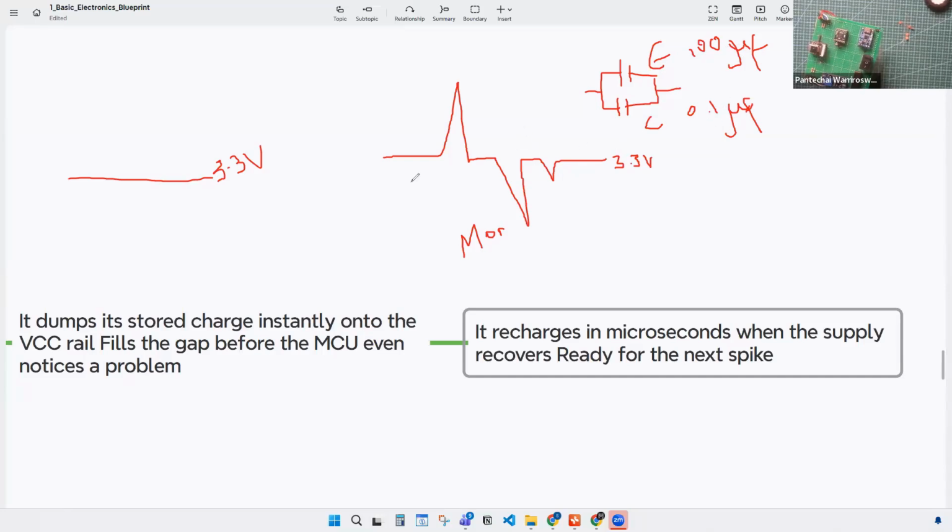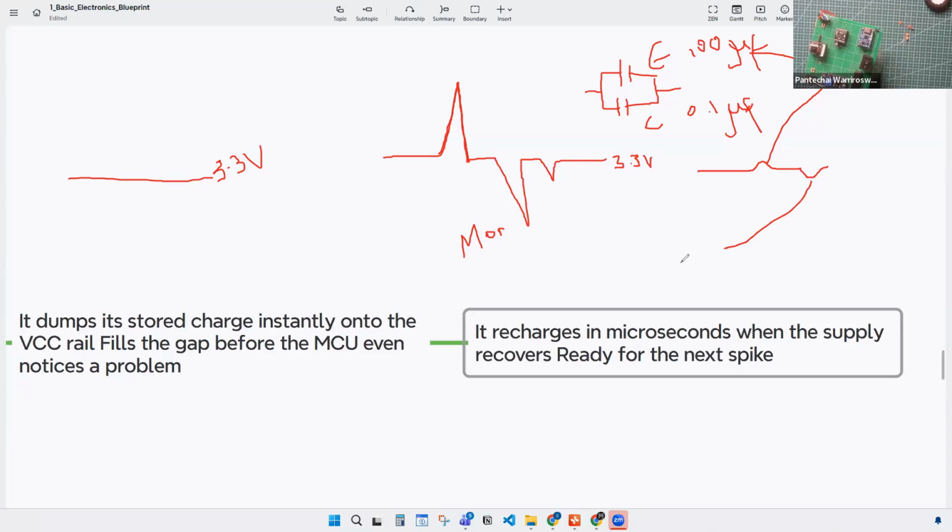So what is it going to do? It is going to adjust. What do I mean by adjusting? Here there is some spike. This spike is handled by discharging the voltage. The capacitor discharges the voltage to solve the problem of the spike, and where there is some drop or dip, that dip is handled by charging.